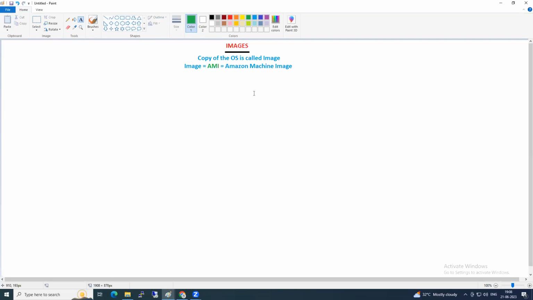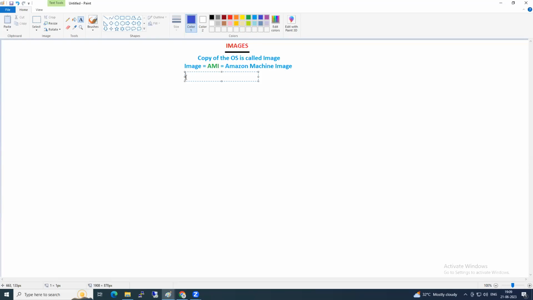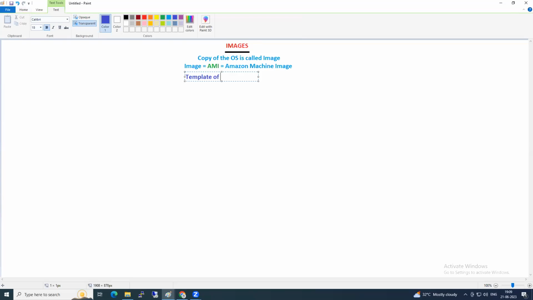Don't call it by nasty, slang variations of the name. Purely call it AMI, Amazon Machine Image. So, can I also say the template of the operating system is called AMI? Template of OS is called AMI.